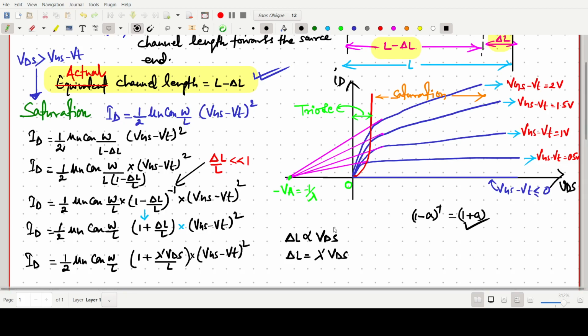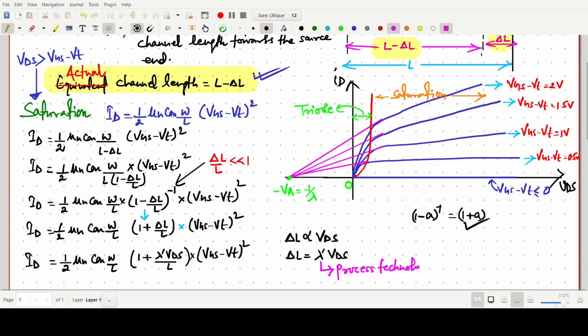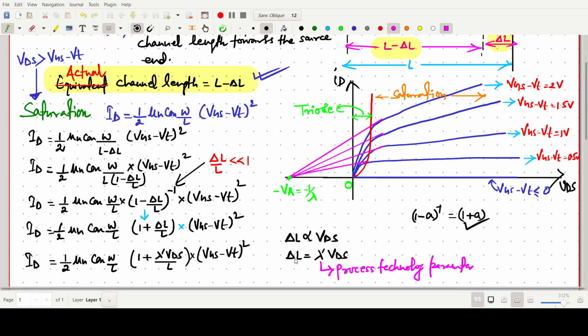Means this delta L is somehow dependent upon the drain to source voltage. So I am just putting this as proportional. So lambda dash, some proportionality constant we can say, and this lambda dash can be called a process technology parameter, having unit meter by volt, in general micrometer per volt.